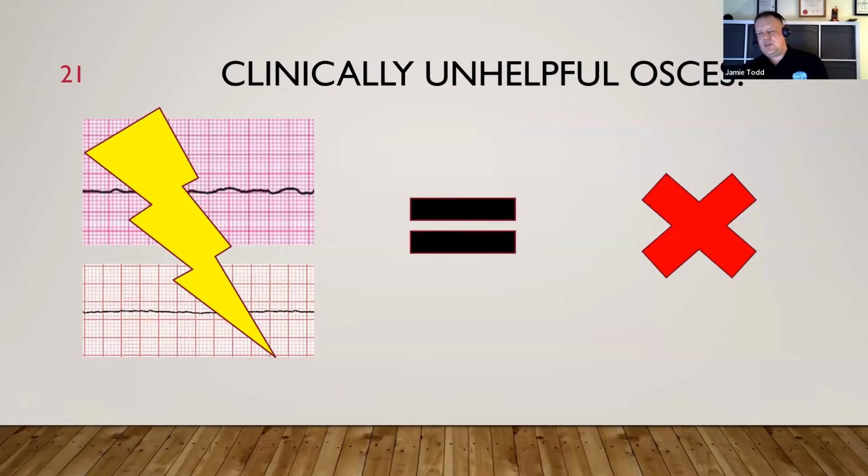OSCEs can be very black and white. This is a shockable rhythm OSCE, you will shock it. This is a non-shockable rhythm OSCE. If you shock it, you will fail. Now, I'm sure that doesn't happen everywhere, but I'm sure it does happen in some places. And I think that's going to be an issue. Because if you set standards like that, if you set an OSCE where it's one thing or the other, pass or fail, then that mindset transitions over into the real world.